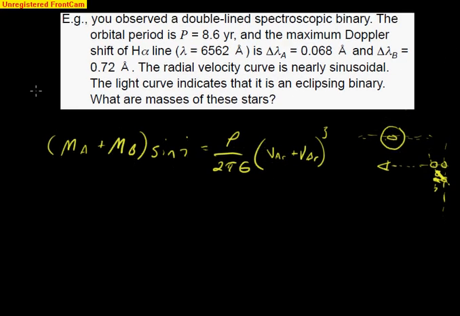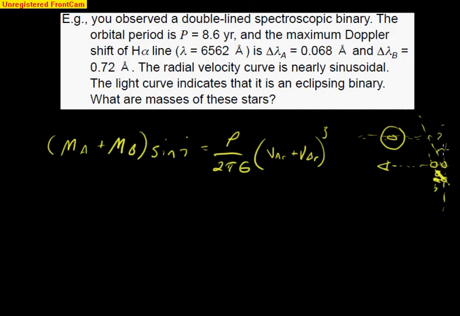what's his name? I can't remember his name right now, but anyways, the information that we have, that the radial velocity curve is nearly sinusoidal and it's an eclipsing binary, tells us that our angle i is sine of pi over 2.